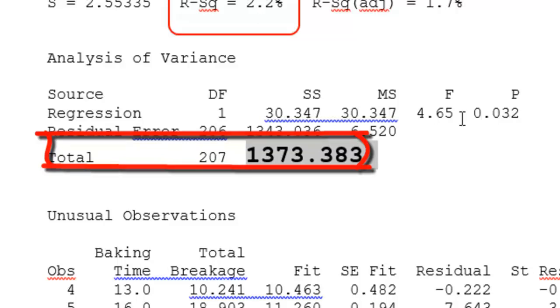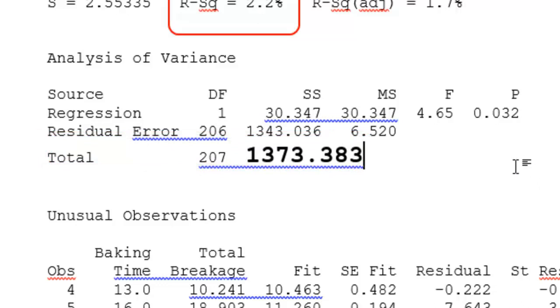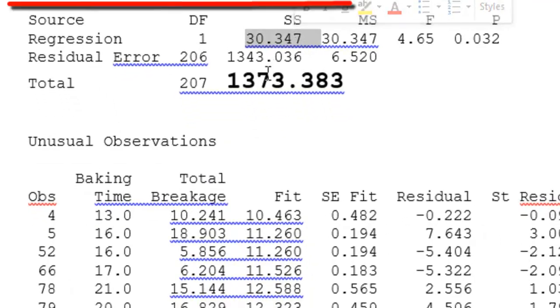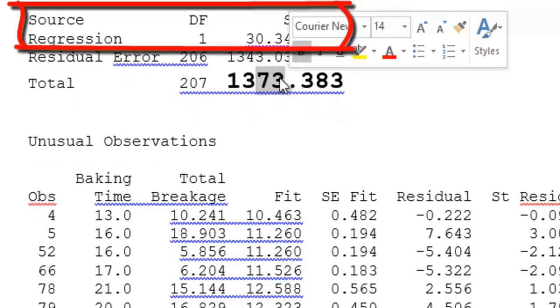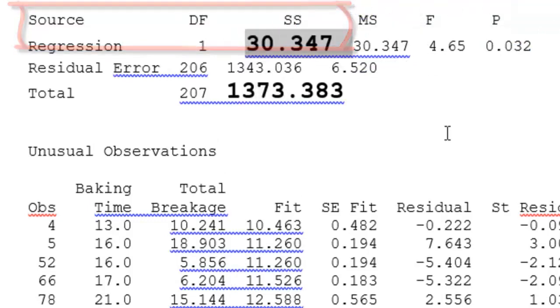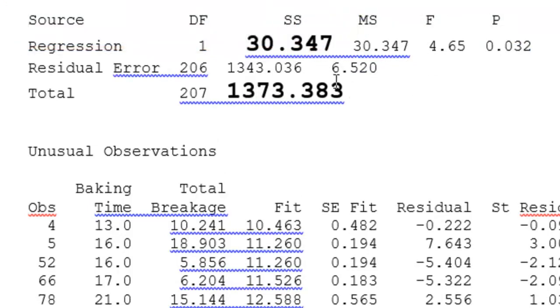Correct? Everyone? और रिग्रेशन के आगे जो सम ऑफ स्क्वायर लिखा हुआ है वो है 30.347. बराबर?